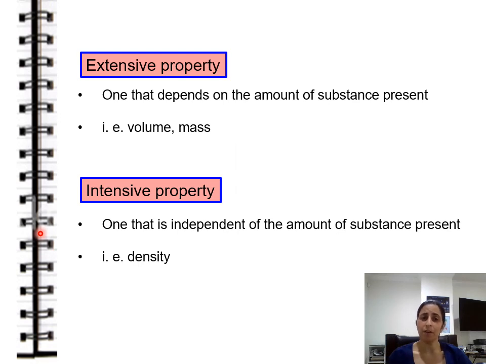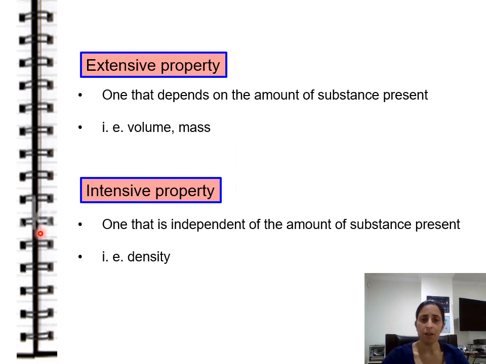If I cut my rock in half, its volume will also be cut in half. So mass and volume are extensive properties because they depend on the amount of sample that we have. If that amount changes, then that property changes as well. Okay, so extensive depends on the amount of sample.